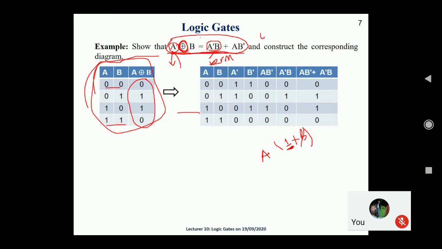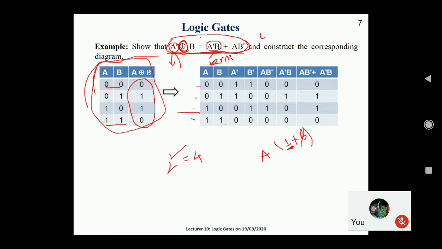Now this is the right hand side expression, A bar B plus A B bar. How many variables are we using? We are using only 2 variables. That means 2 to the power 2 equal to 4, so 4 binary sequences are required, 0, 1, 2, and 3.